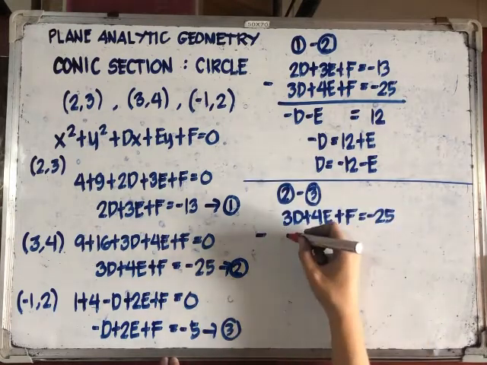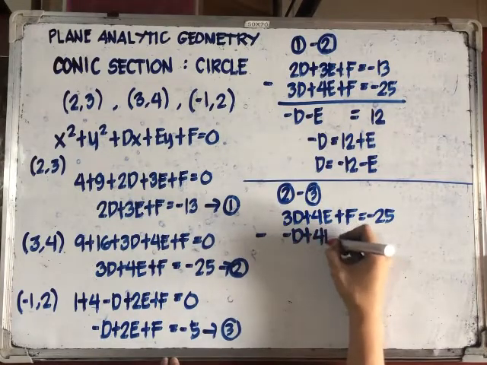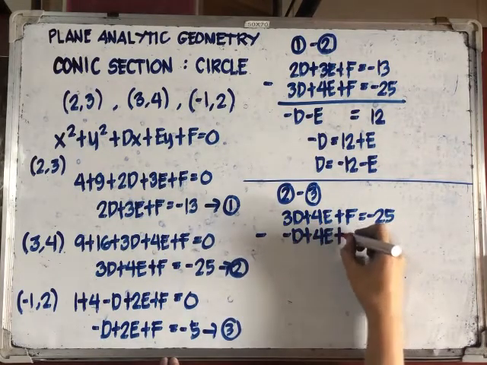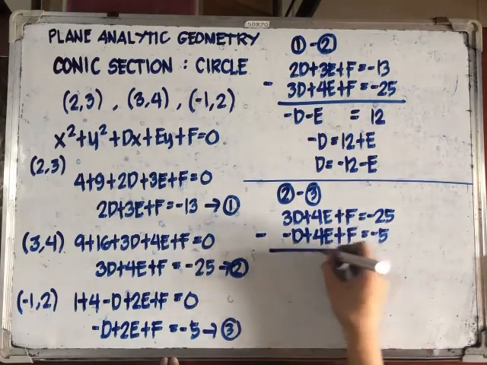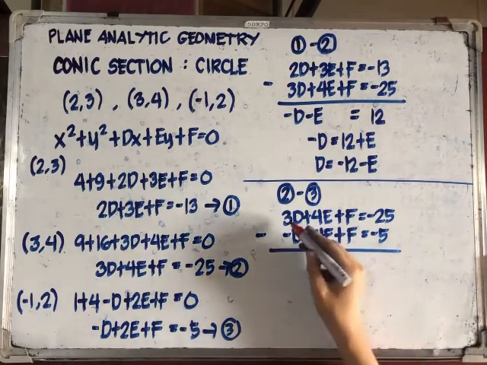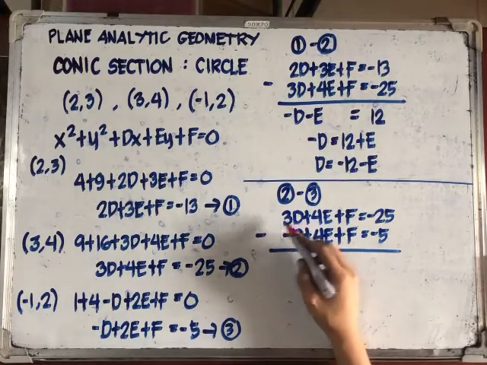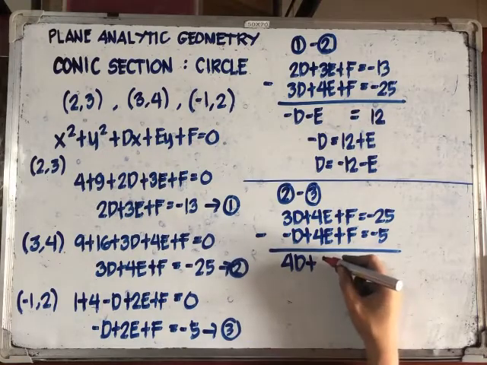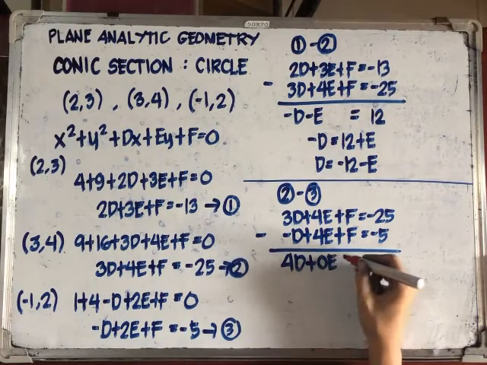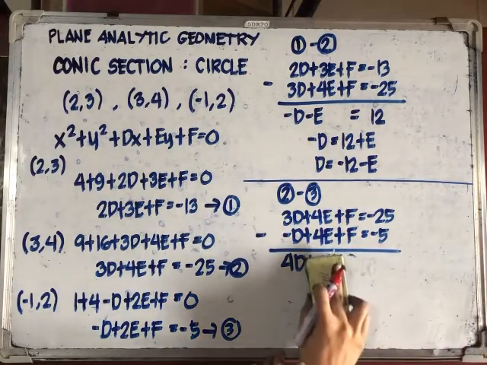Then we subtract negative D plus 4E plus F is equal to negative 5. Subtracting that would give us 3D minus negative D, that would be 4D. This one would be 0. Right? 0E. This is 0F.